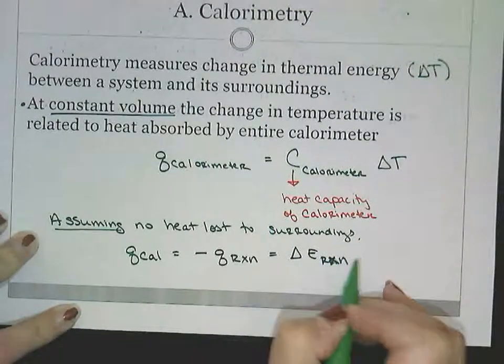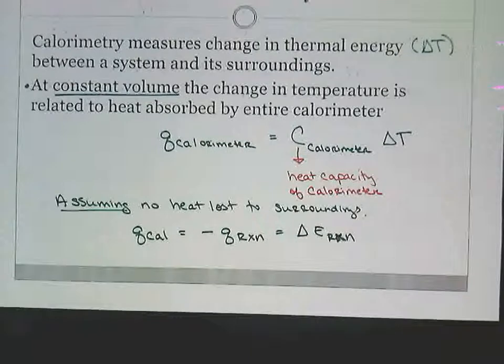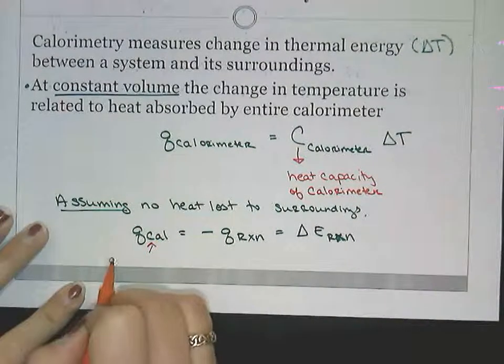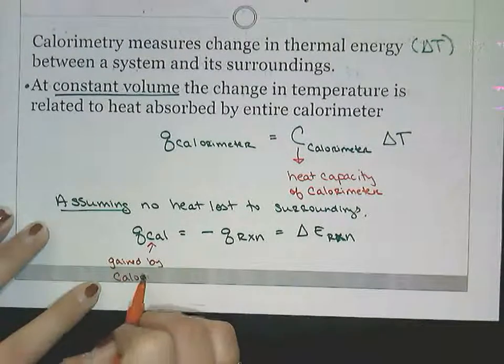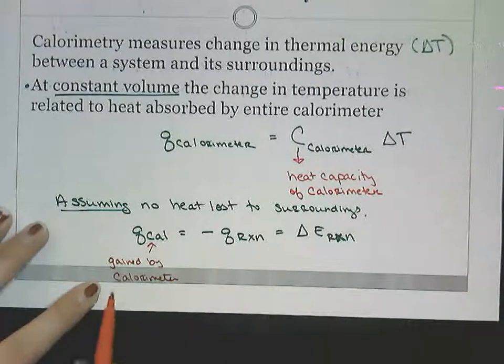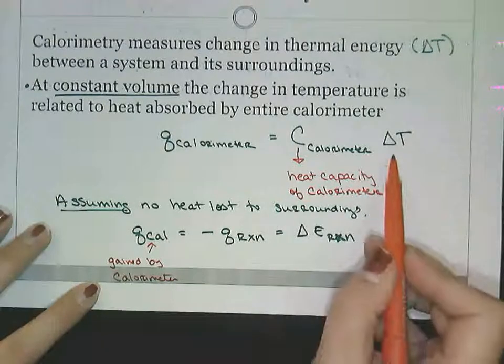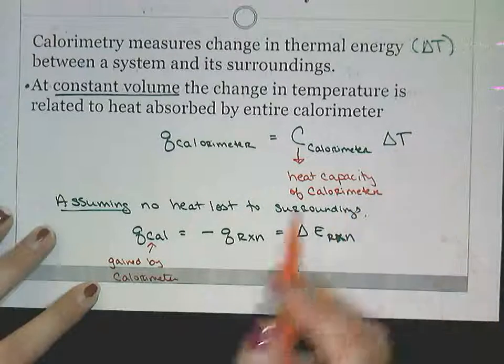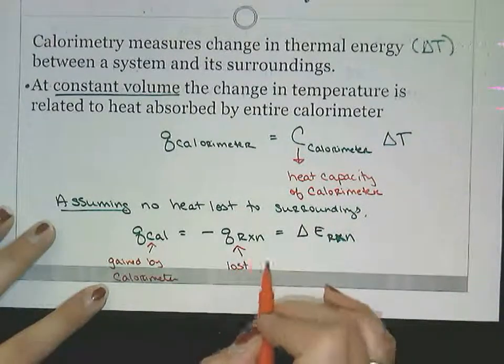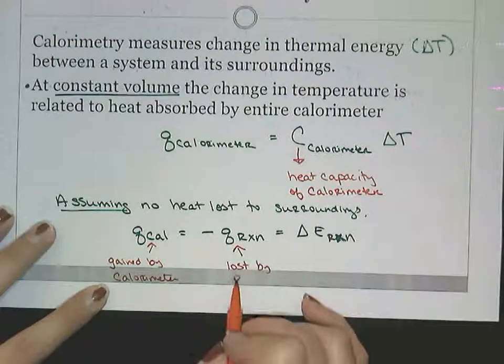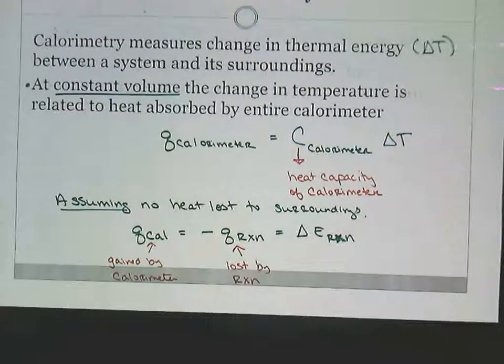So we can say this. Any heat that was gained by the calorimeter, which we measure by change in temperature, was equal to the amount of heat lost by the reaction. RXN is my abbreviation for reaction. I realize I write it, I don't always explain it. That's reaction.